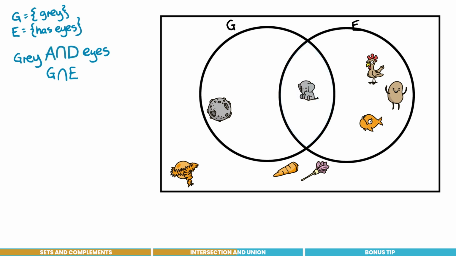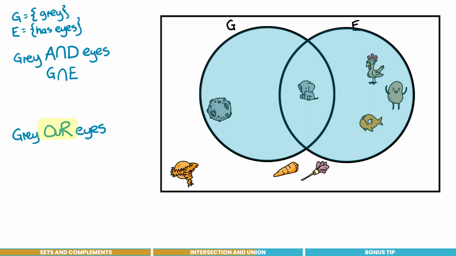If being in G or E is fine, so being grey or having eyes, and let's use our way of spelling "or", then we're interested in this area here. If the object is in G or E, it will appear somewhere within this shaded area.